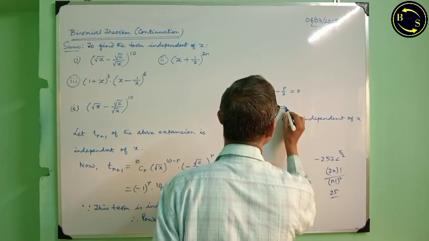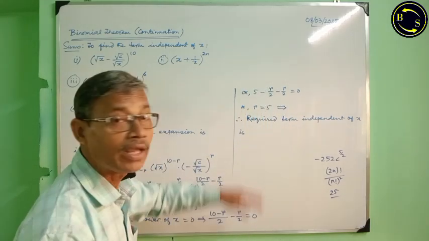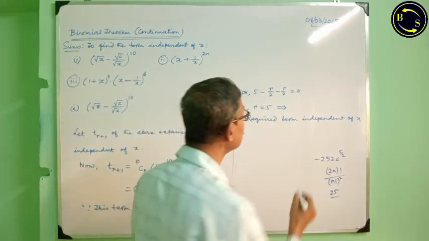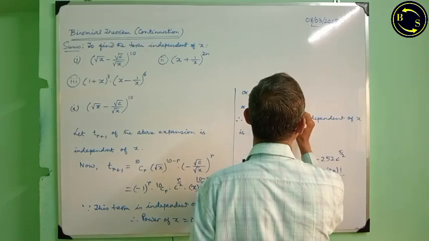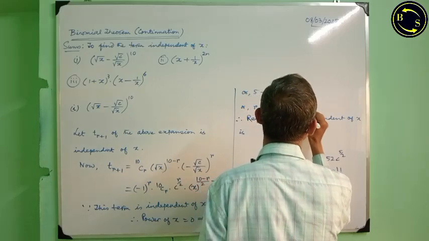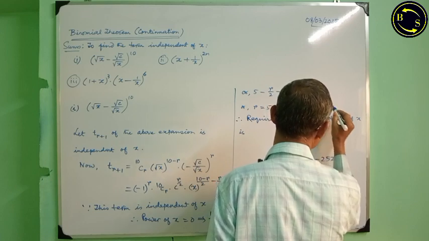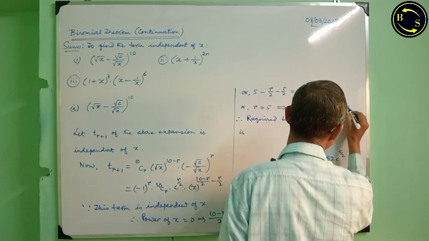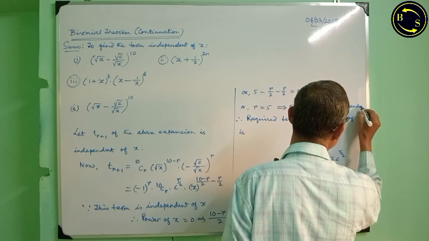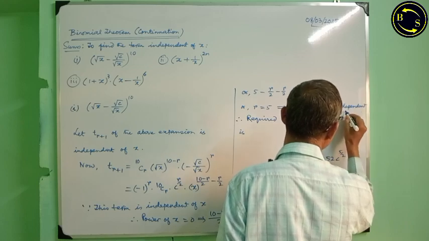Here we make the comment, after getting the value of r, we make the comment, the sixth term is independent of x.